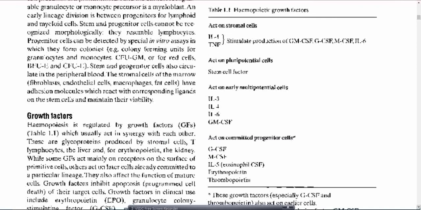Let's talk about the growth factors. Growth factors are like any other growth hormone or anything that contributes to growth. So the blood production, hemopoiesis, is also controlled by growth factors. Just like how your body grows, it has to be controlled by growth factors, which usually act in synergy with each other.